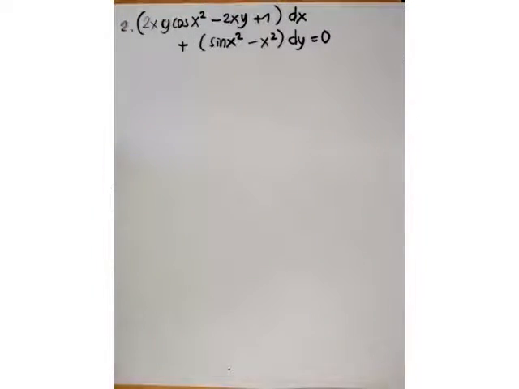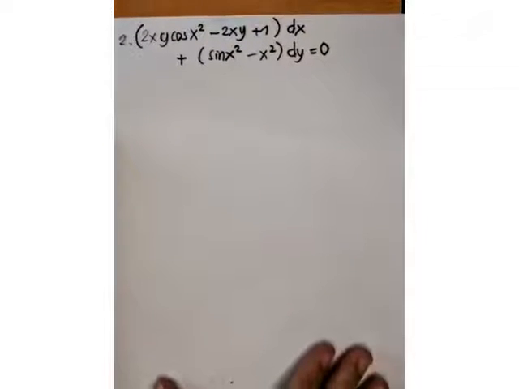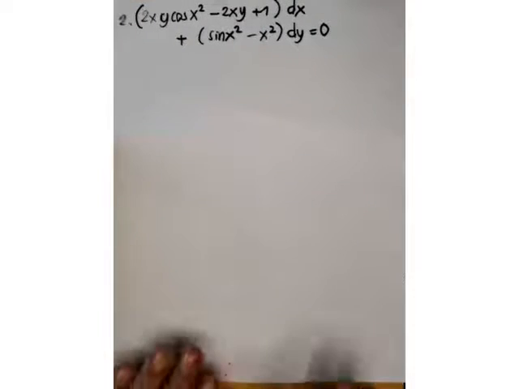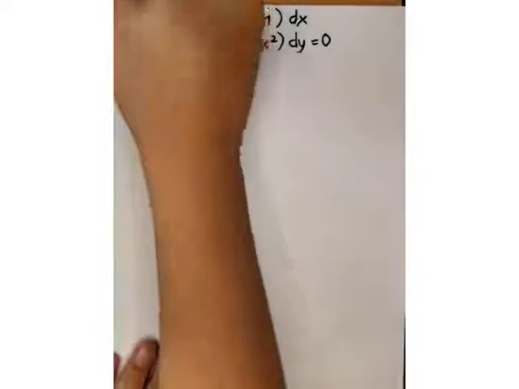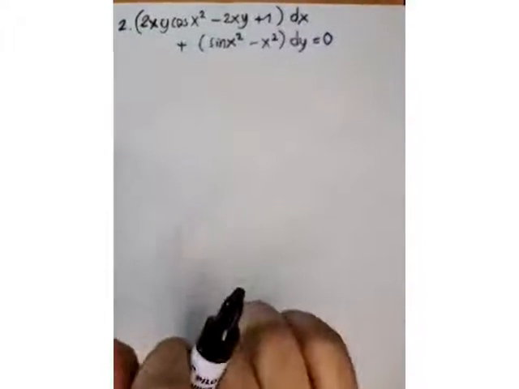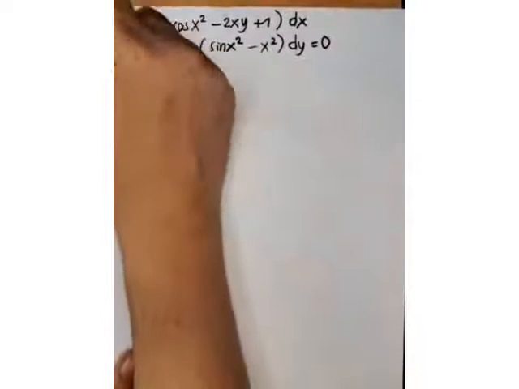So, our next example is 2xy cosine x squared minus xy plus 1 dx plus the quantity sine x squared minus x squared dy. Okay. Number 2. Ayan, naka-arrange na siya. So that means pwede na natin siyang i-test kung exact ba siya o hindi. So let's have the test for exactness.